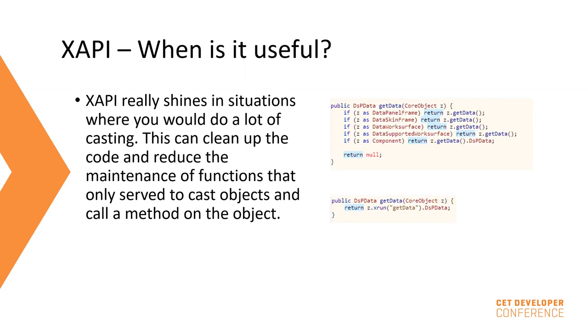We can see here on the right, the top code block is how a function like this may look today, having to cast the core object we're passing in as all of our different database classes and getting our data there, just basically calling the same method. The bottom there is what that all can be condensed down to using XAPI.